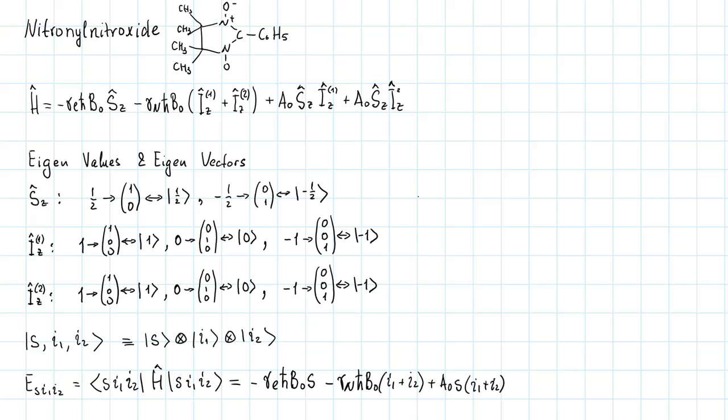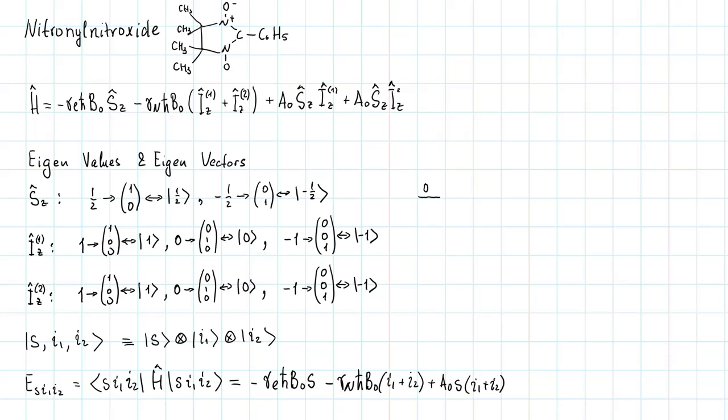The number 18 is obtained as the number of all possible combinations of the two electron spin states, the three nuclear spin states of the first nitrogen, and the three nuclear spin states of the second nitrogen nucleus. I will draw this diagram step by step, or better to say, term by term, as it was done in the case of TEMPO.